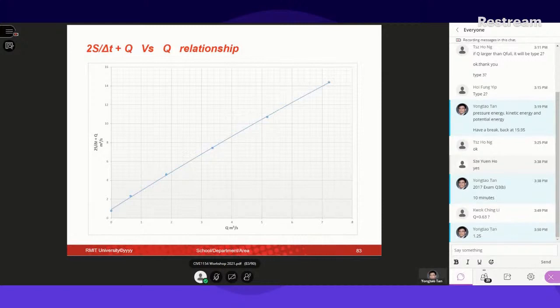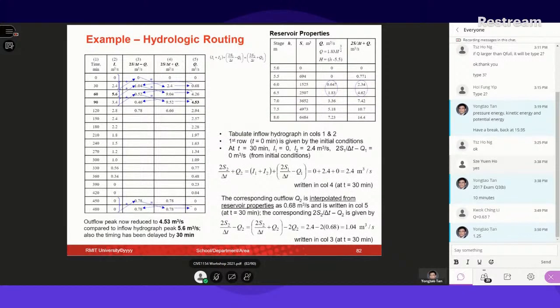Q is around 0.7, or 0.6, about 0.68. The corresponding outflow Q2 is interpolated from the properties, 0.68, and written in column 5. I would also suggest that in the assessment you use graph paper.